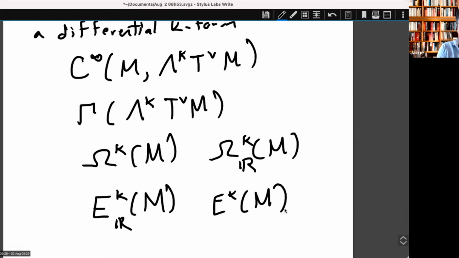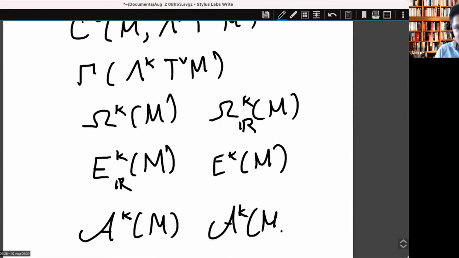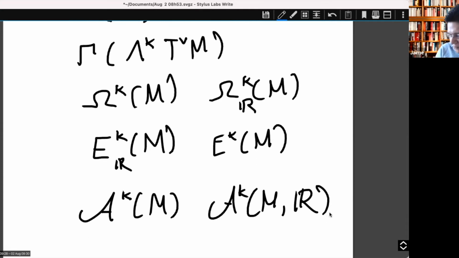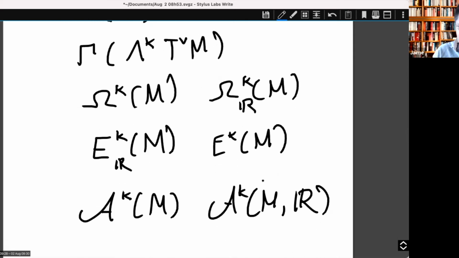Even in modern books, there are several ways to denote the same space. You can use the classical one, another classical one is this one, or if you want to emphasize that you are in the real world, you use this one. I'm going to try to stick to one, maybe this one, and not change it, okay?